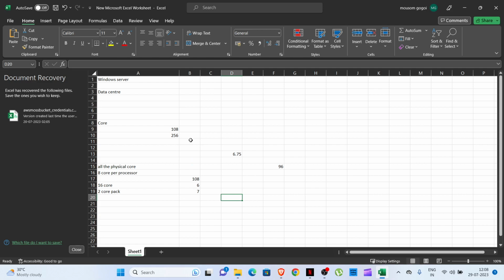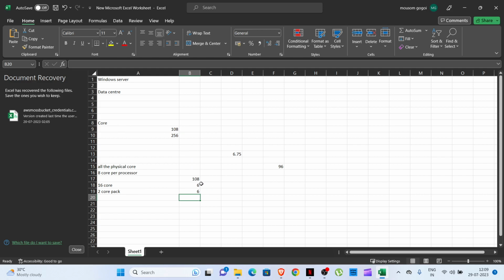So six 16 core packs and six 2 core packs license the entire 108.